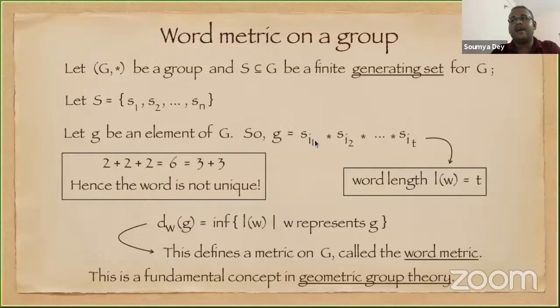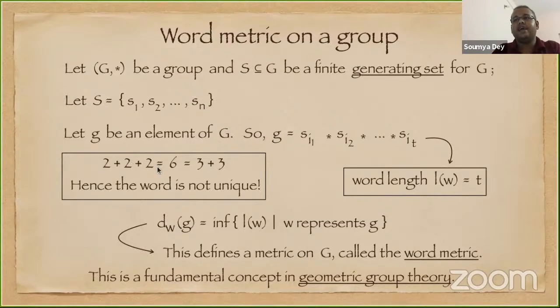So you can choose Si1, Si2, up to Sit, t many such words from this set or their inverses. In this you can also repeat. Like in our example, 2 plus 2, you can use 2 twice or more. So repetitions are allowed. So any such word in these Si's, you can write g as, right?